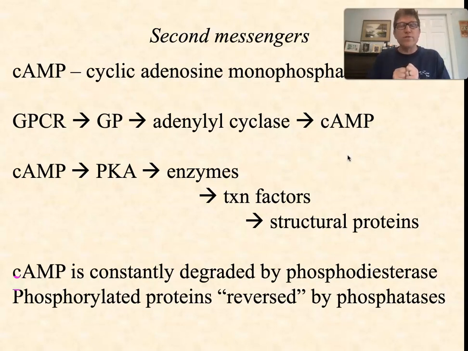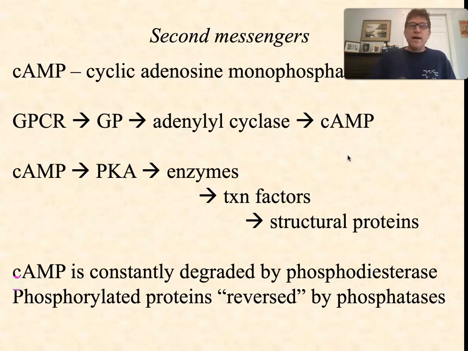It can be reversed. So cyclic AMP itself is always being degraded by an enzyme called phosphodiesterase. And so even though adenylyl cyclase is trying to make all of this, if adenylyl cyclase stops making cyclic AMP, within a couple of minutes there's none left because the phosphodiesterases are very quickly degrading it.